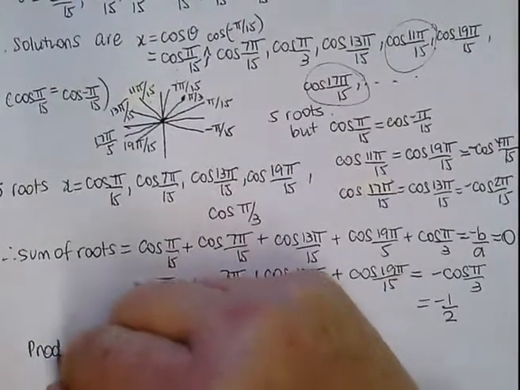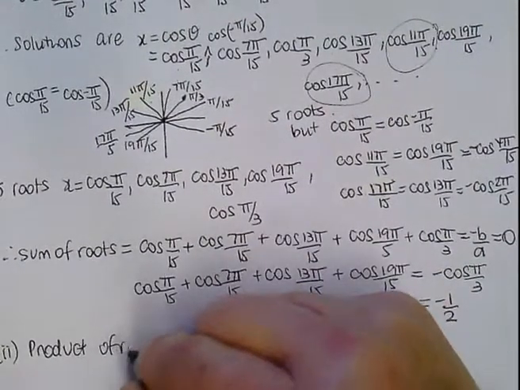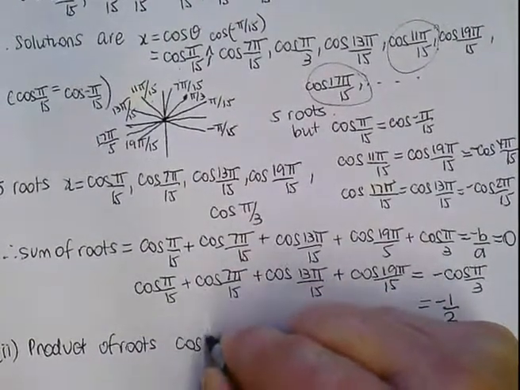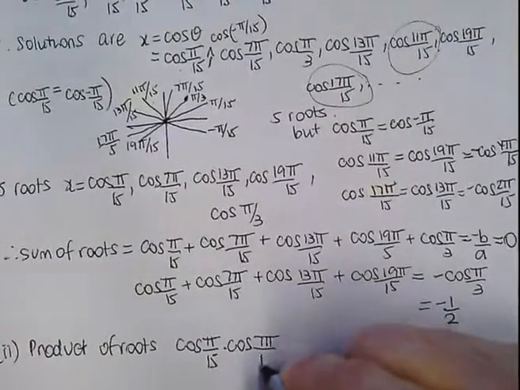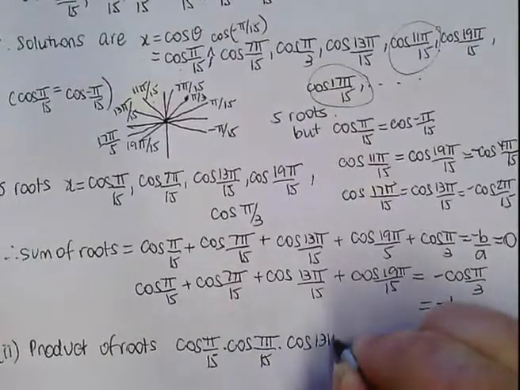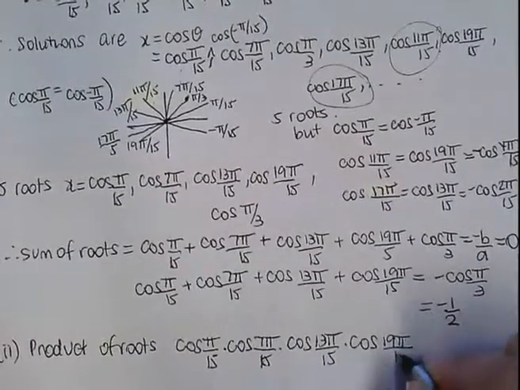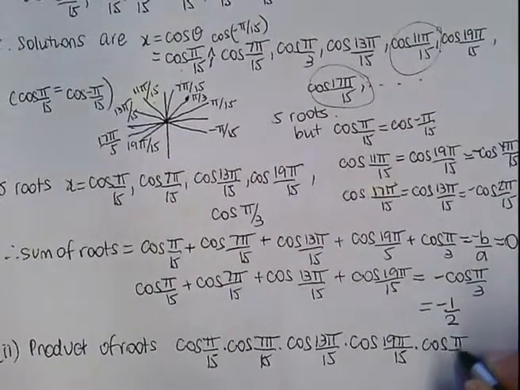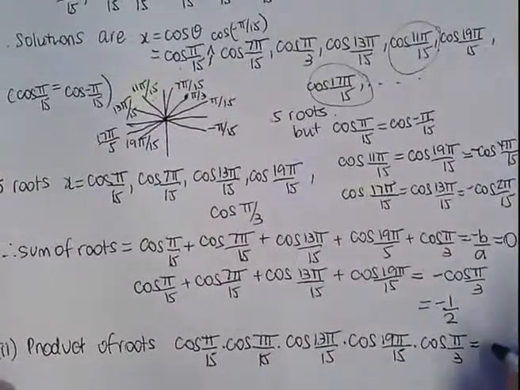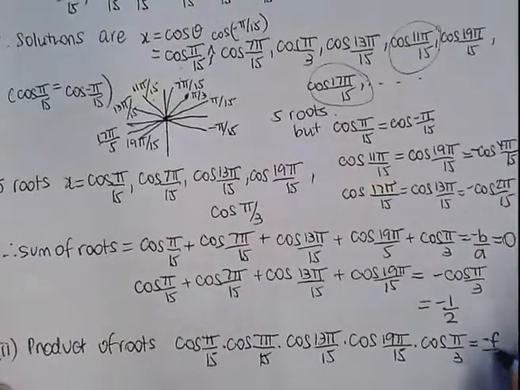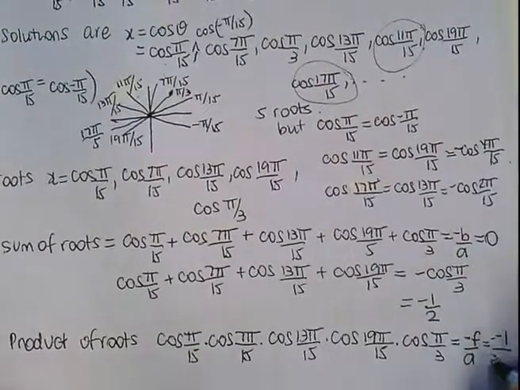And looking at the product of roots, which is for part 2, the product of roots is cos pi on 15 times cos of 7 pi on 15 times the cos of 13 pi on 15 times the cos of 19 pi on 15 times the cos of pi on 3. Now the product of roots, because it's a power of 5, equals negative f on a, which equals negative 1 over 32.